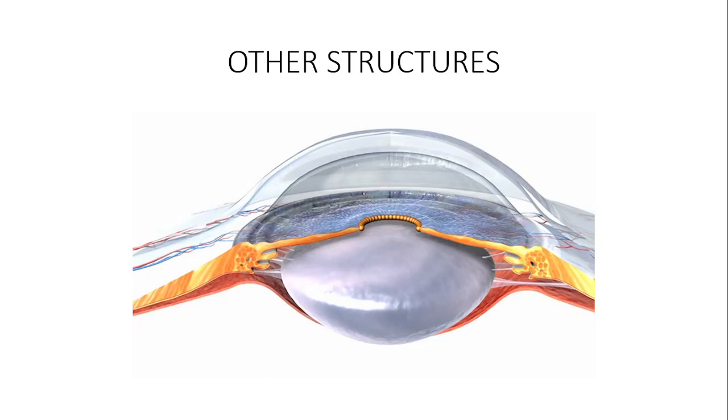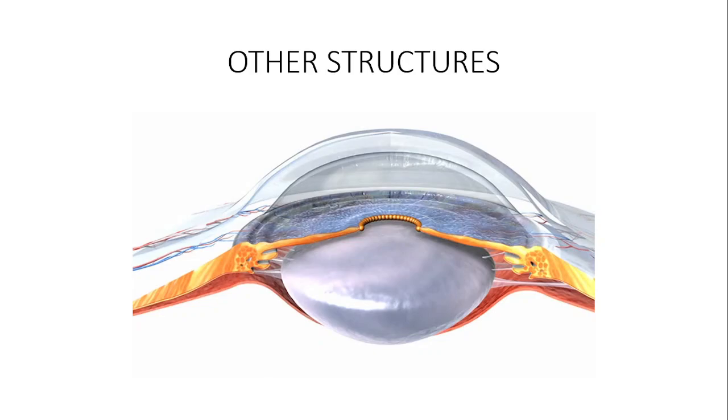Among the lens proteins that the crystalline lens is rich in, we have two main types. We have the water soluble proteins, and then water insoluble. The water soluble proteins account for 80%, sometimes 80 to 90%.